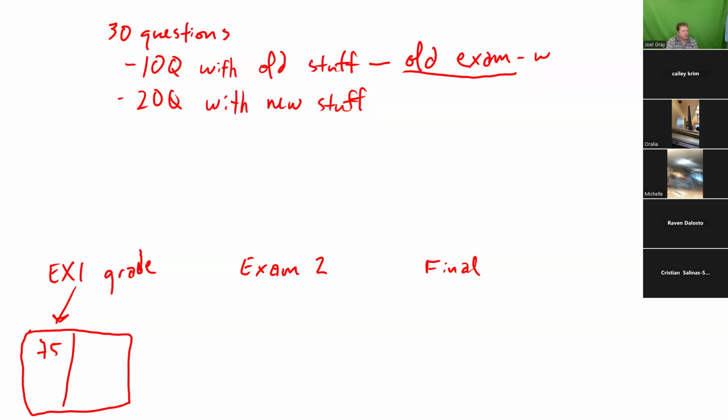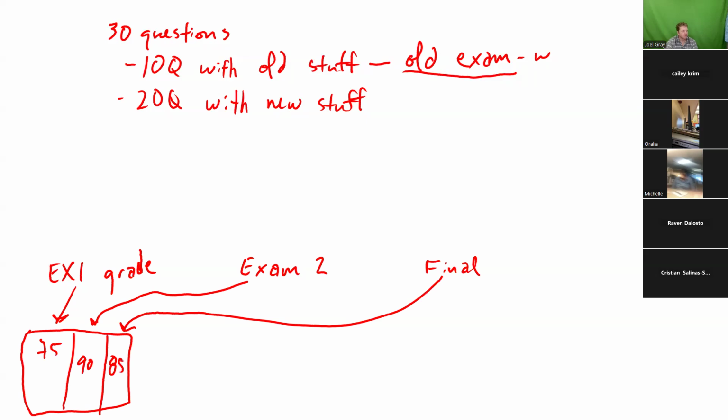There's going to be a total of three grades input here. Exam two is considered your second attempt at exam one. Let's say you get a 90 on exam two. Your final exam is your last chance to replace exam one material. Let's say you get an 85 on the final. What that leads to is dropping the 75 and 90 when calculating the 15% that accounts for exam one. So that's why we have old stuff on this exam, because it's all cumulative.